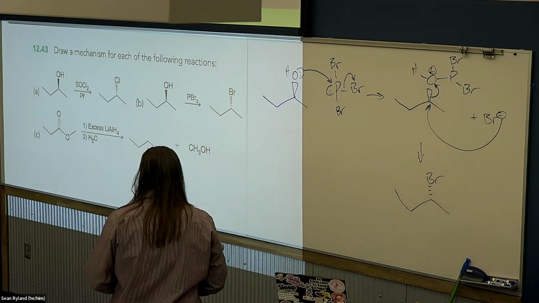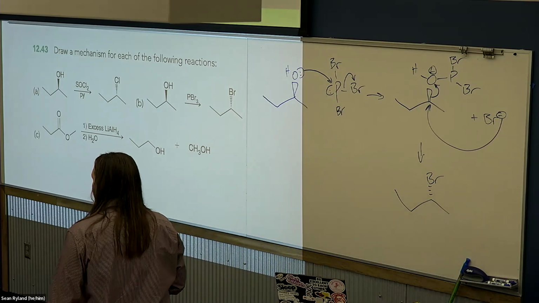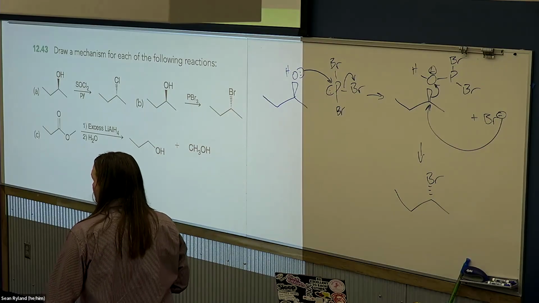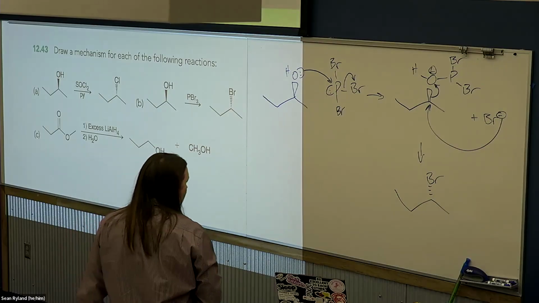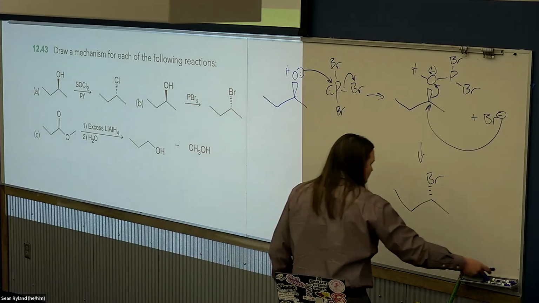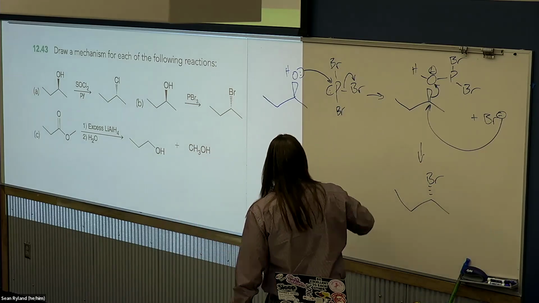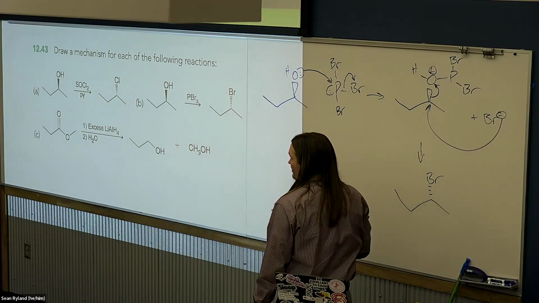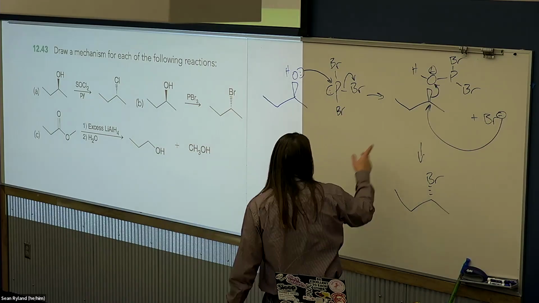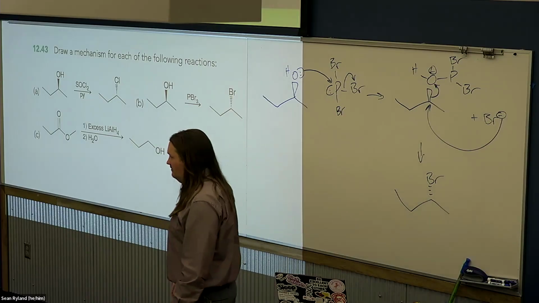Plus a POBr2, whatever that would be called. I don't even know what they call that. So similar idea, make a good leaving group, then do an SN2. It's just making the good leaving groups even shorter here.